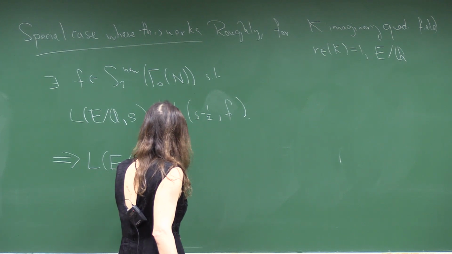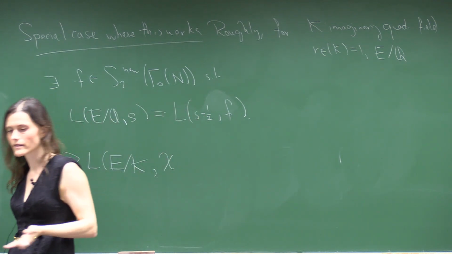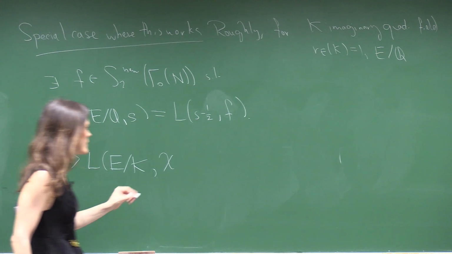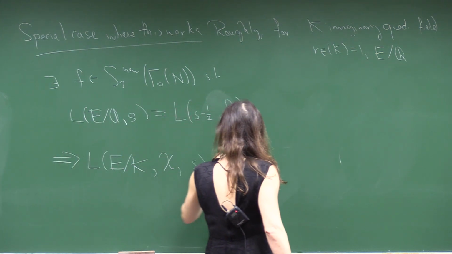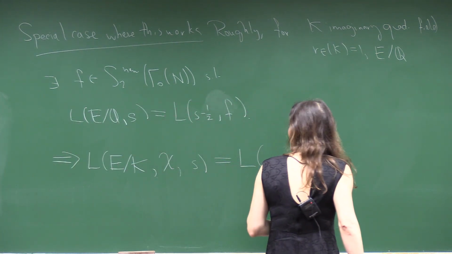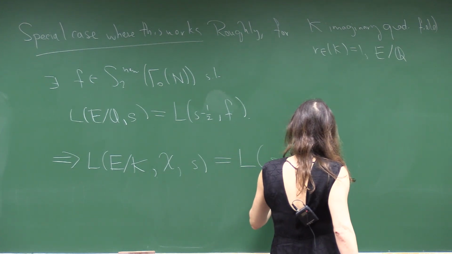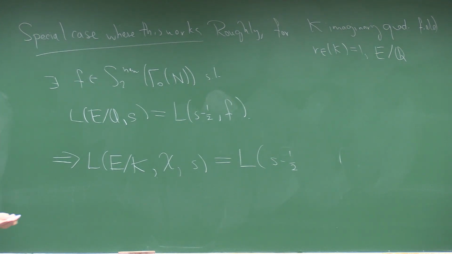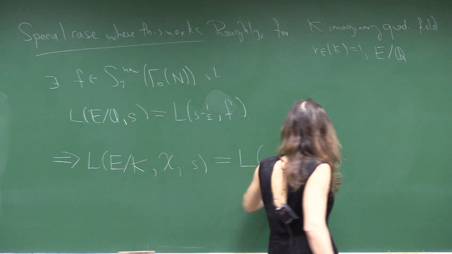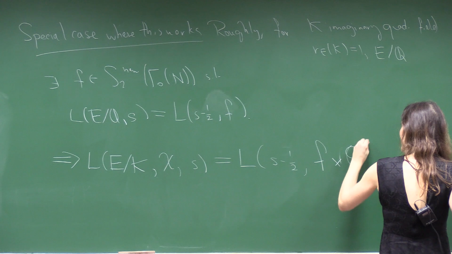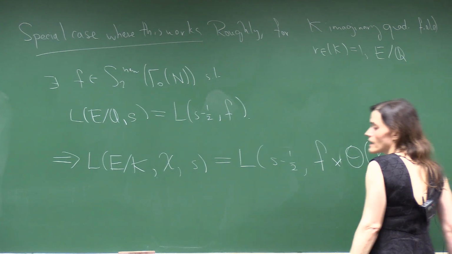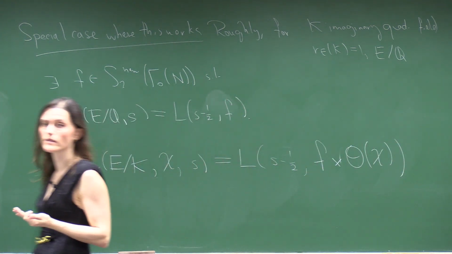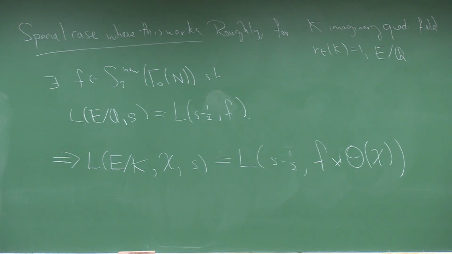Of course, we're only going to look at the trivial class group character in what follows, but for any Hecke character chi of K, the corresponding Hasse-Weil function over K twisted by the Hecke character will have an analytic continuation given by the Rankin-Selberg function of F times the Hecke theta series associated to the character.